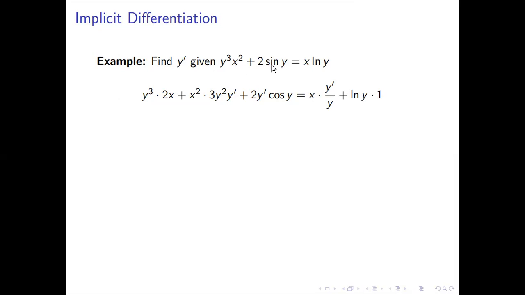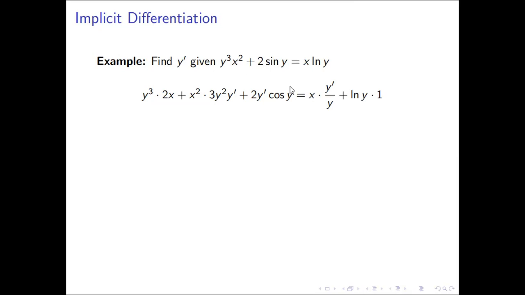Then for the second term, we differentiate it, applying the chain rule, remember, for trigonometric functions. So the constant, that's just 2 times the derivative of sine y. How do you differentiate sine y? We know that the derivative of sine y is cosine y.